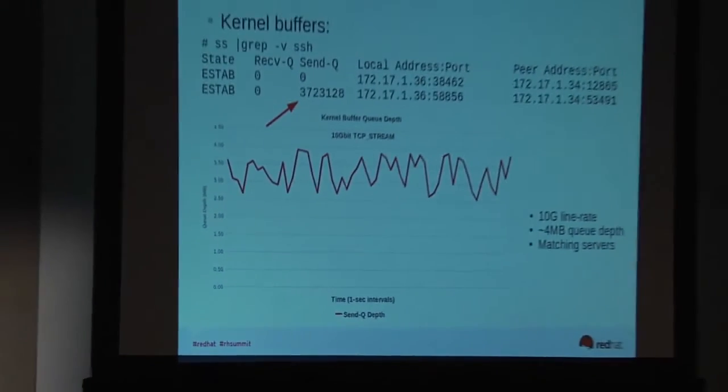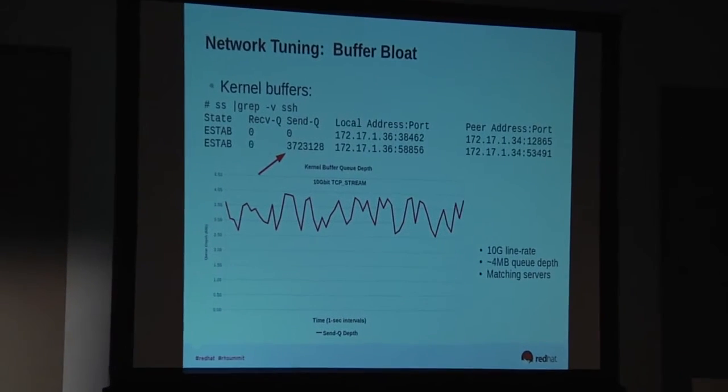So what I wanted to do here is show you, in a controlled test environment, what the buffer depth looks like on a 10 gig TCP stream. It never gets above 4 megabytes. So if you've ever tweaked them to 64 or 128 meg buffers, it probably means you have a mismatched set of servers where you have a very slow receiver.